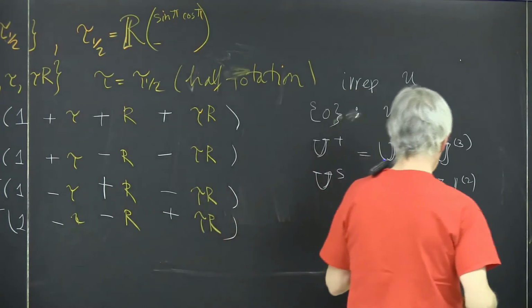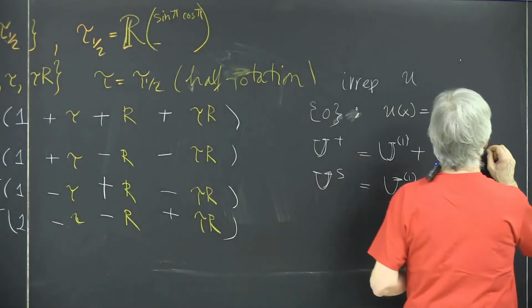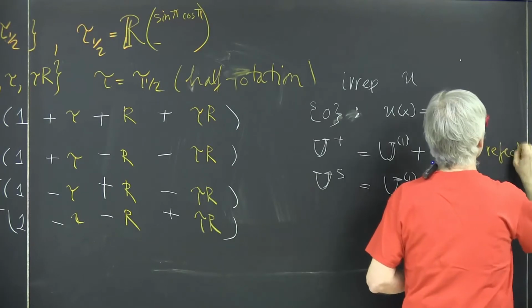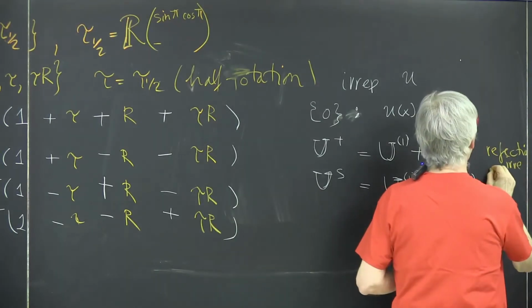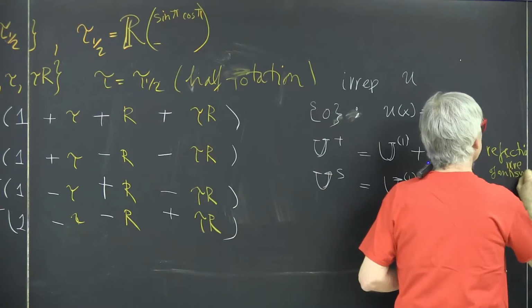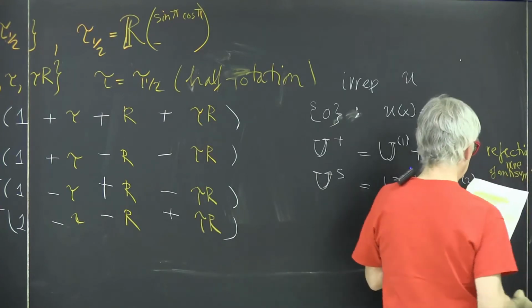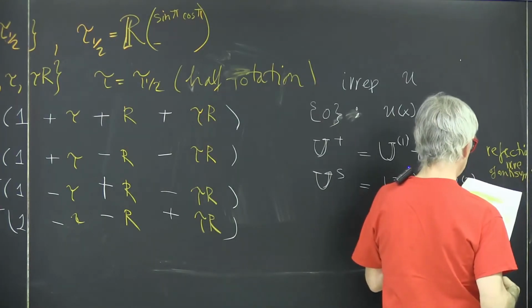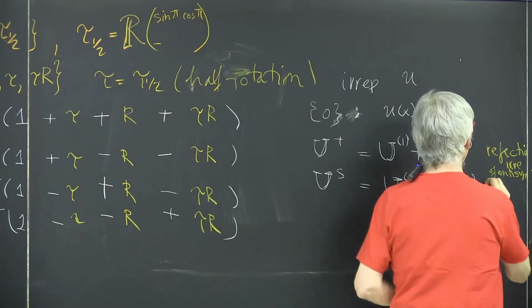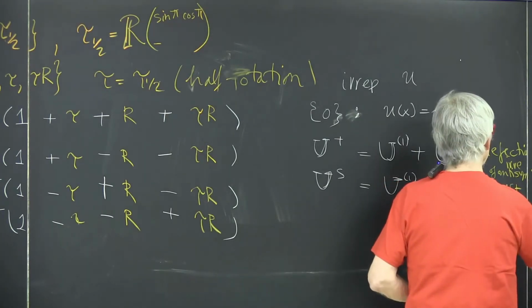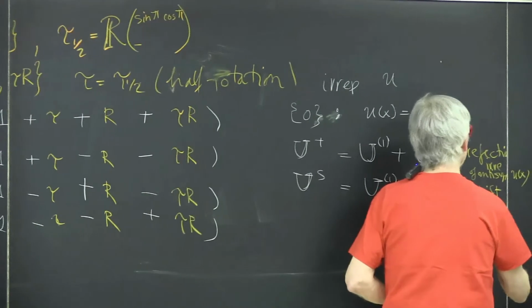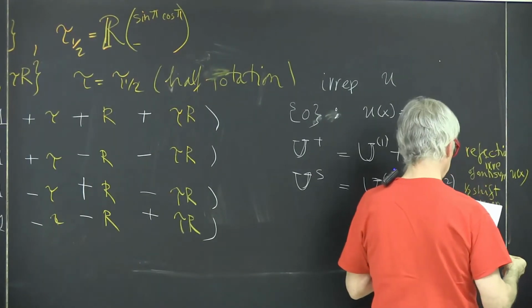And this is the reflection irreducible representation of antisymmetric u of x. And this one is the half-shift irreducible representation of symmetric solutions.